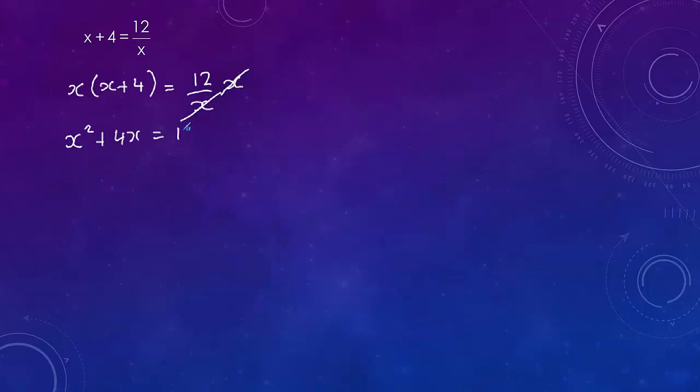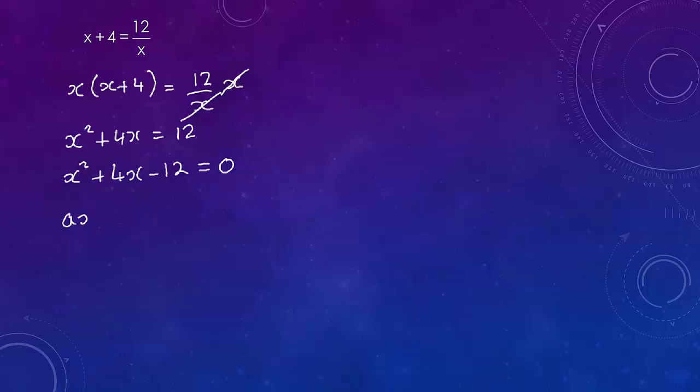We've seen this example a couple of times now, but let's look at it with the quadratic formula. So to get rid of this x on the bottom, we're going to multiply both sides by x. No problem with doing that. And then of course over here those x's cancel, so I've got x squared plus 4x is equal to 12, and so x squared add 4x take away 12 is equal to 0.